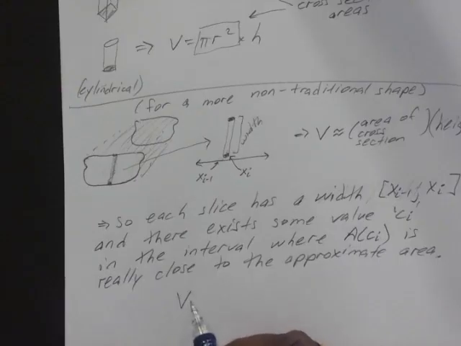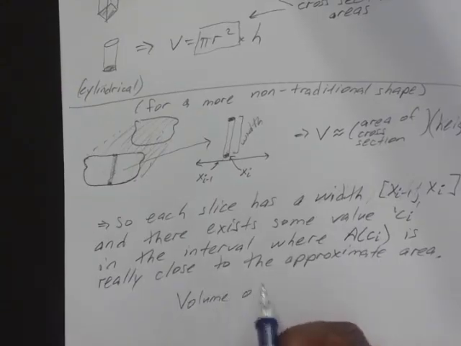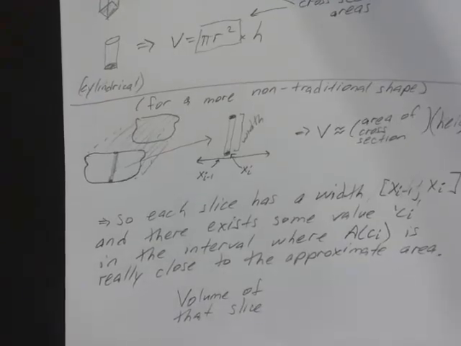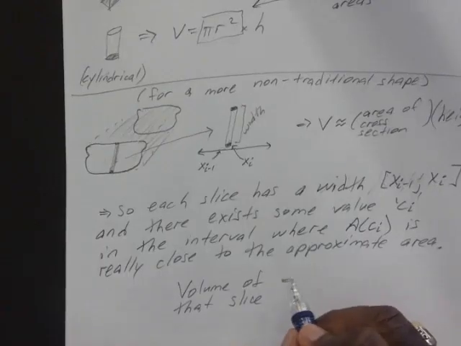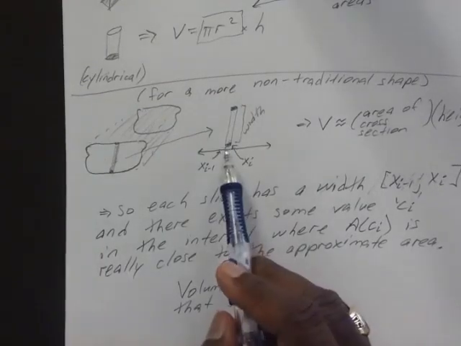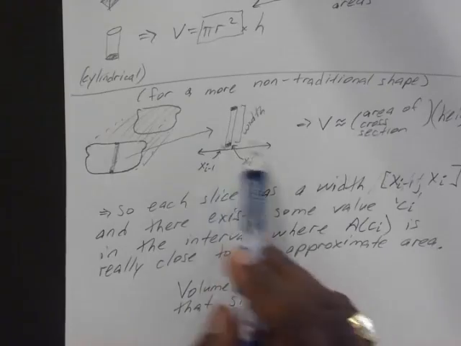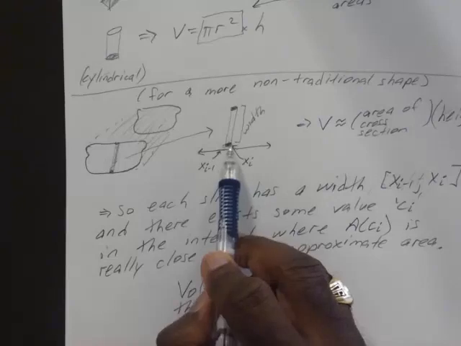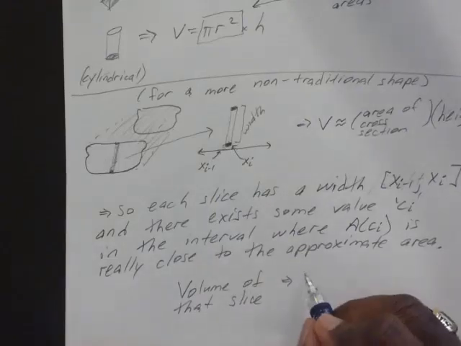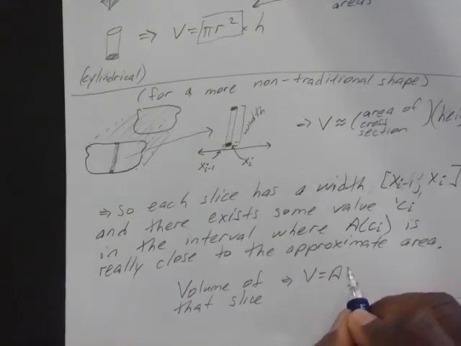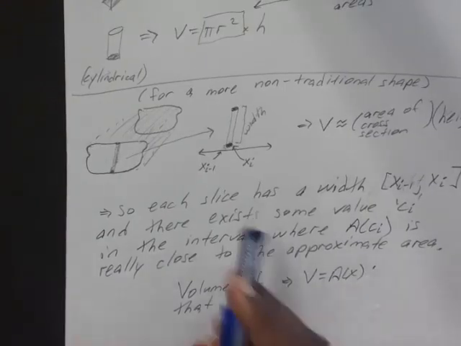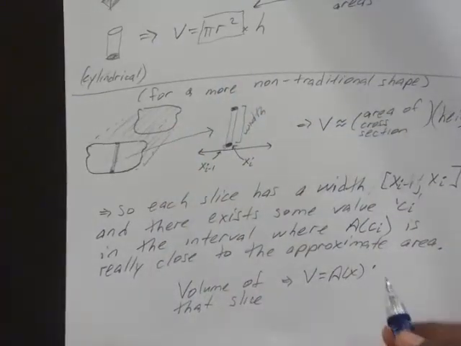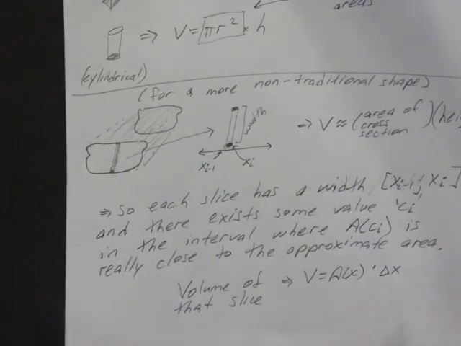Okay, so the volume of that slice is going to equal the height, again, if you turn it sideways. But either way, that would be your cross-sectional area, times your width, if you turn it that way, which in that case would be delta x.